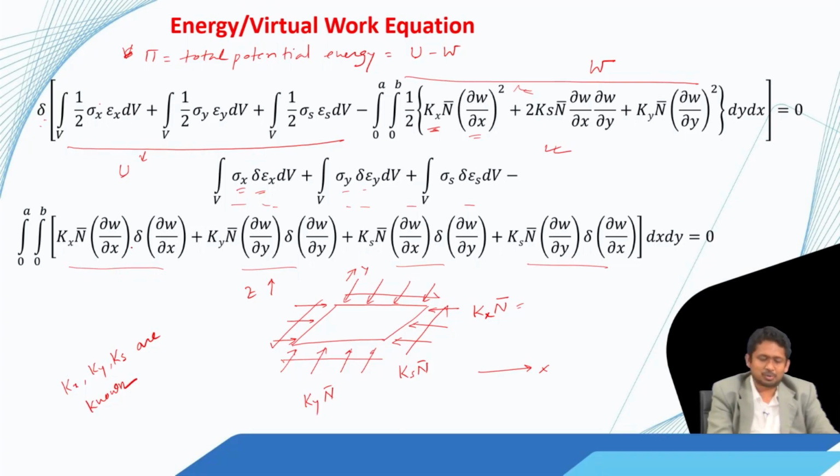We can also do integration by parts and shift derivatives, and then it becomes delta w times del 2 w by del x2, a variation of w, which signifies the external virtual work, but we are not doing it. We will keep it as it is and proceed from here.